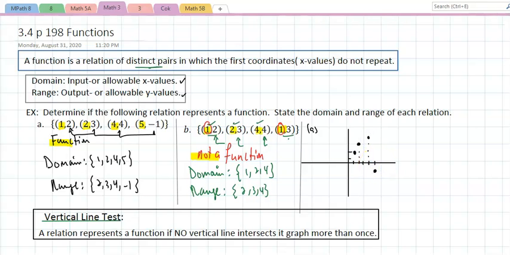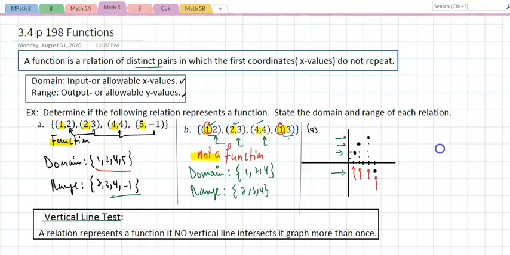I would notice from the graph that the domain is really x equals 1, x equals 2, x equals 4, x equals 5. And the range is really y equals 2, y equals 3, y equals 4, and y equals negative 1.